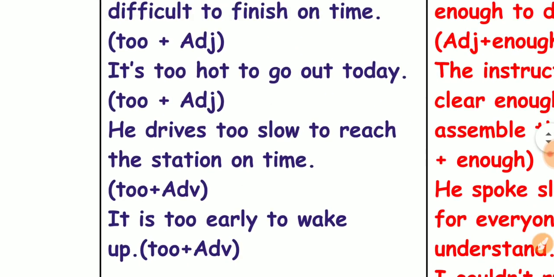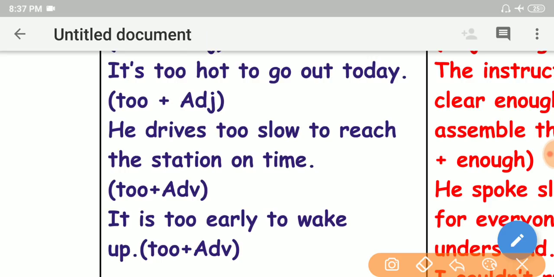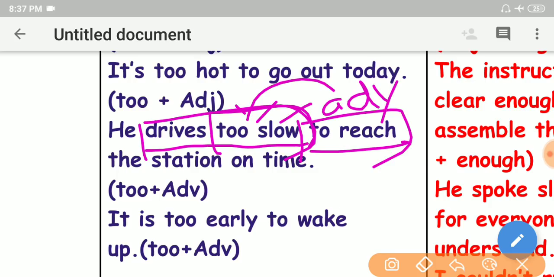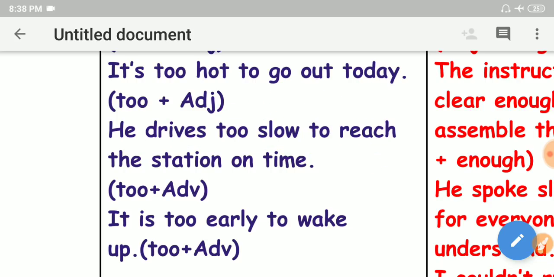At the same time, he drives too slow. This is an adverb: too plus adverb. How does he drive? He drives slow. Slow is an adverb. So I already told you, it is used before adverb or adjective, followed by a to-infinitive. This is one pattern.